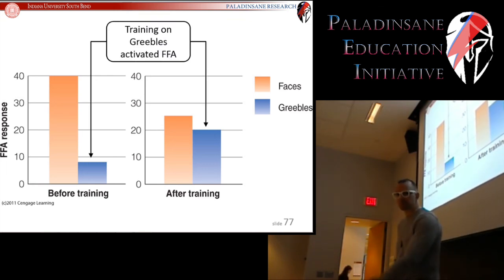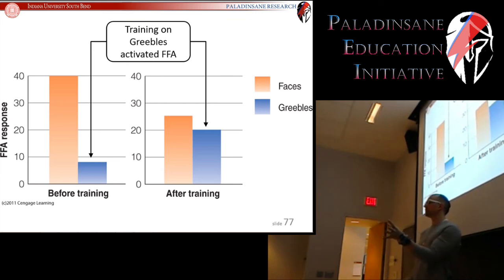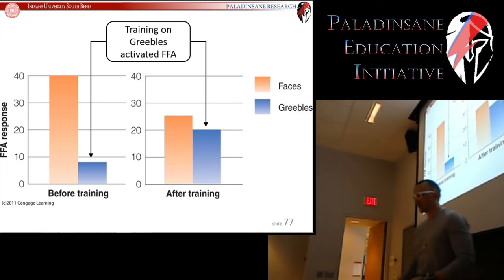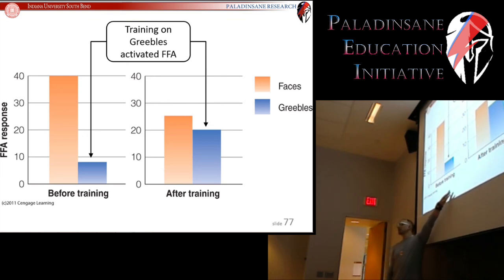Training on the Greebles activated your fusiform face area. And what we're going to do next time, so that's where we're going to end today. Next time we meet, exam number 1, but then a week from today, we're going to take a look at what this actually means. So what I would like you to do after exam number 1, try to remember this for Wednesday after exam number 1, take a look at this and start trying to think of reasons why this would still not indicate that your face area is just for trained stimuli.